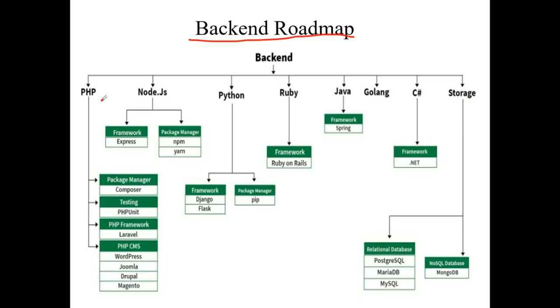In PHP, the package manager is Composer, and the testing unit is PHPUnit. The framework for PHP is Laravel, and the PHP CMSs are WordPress, Joomla, Drupal, Magento. These are the things included in the PHP backend language. And coming to Node.js, this is very important.